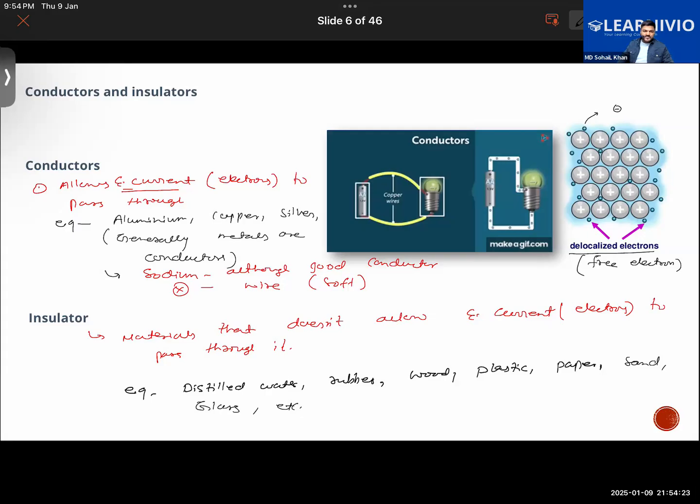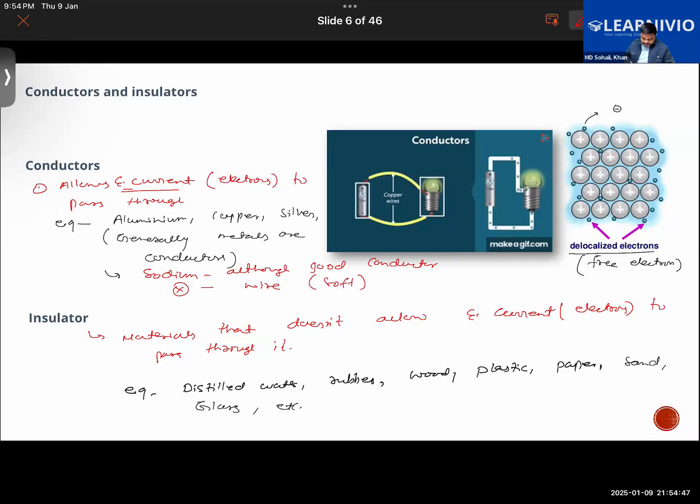Now again the question comes, why are certain materials behaving as insulators? The electrons in them will not be able to move freely. Since conduction of electricity is all about the movement of the electrons, and electrons are not able to move freely in the insulators, hence they are insulators.